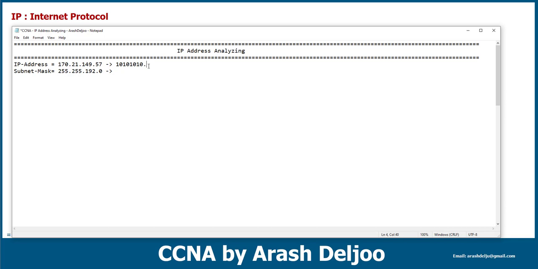That's it. After that, we need to find the binary value of 21. It does not have 128, it does not have 64 or 32, but it has 16. Also, it does not have 8, and here we have 4 and then 0 1. Let me calculate: 16 plus 4 equals 20, and then 21. After that, we need to convert 149.